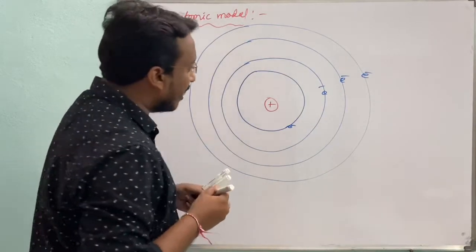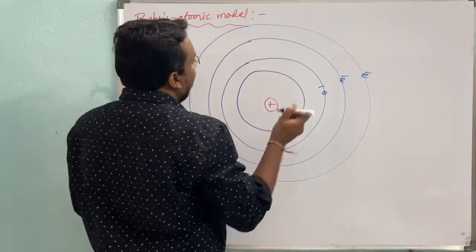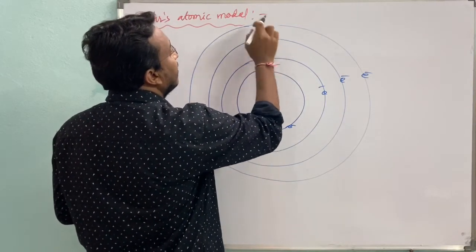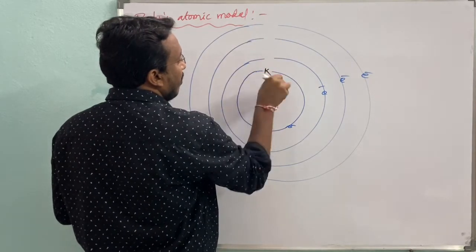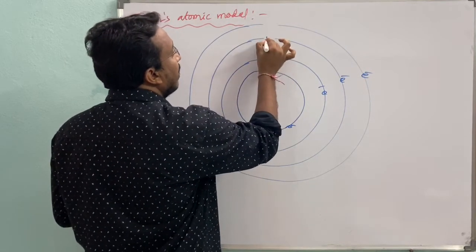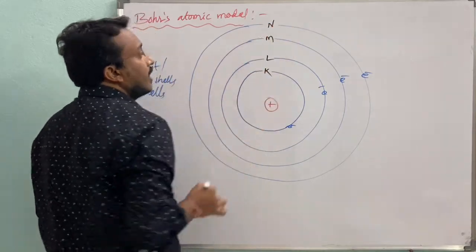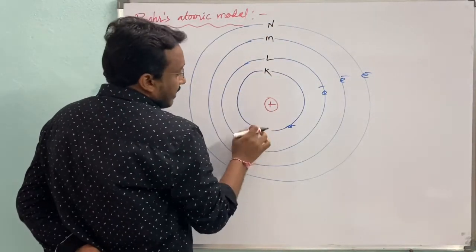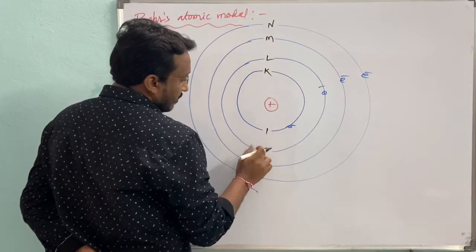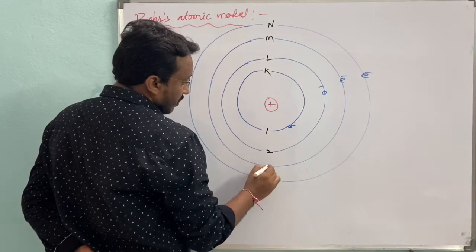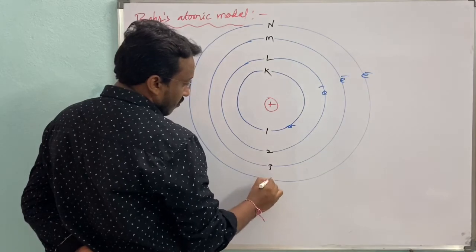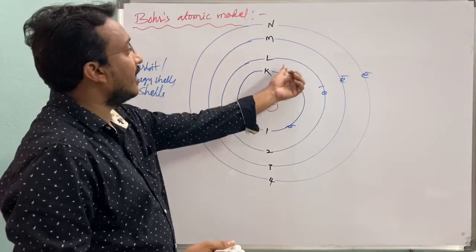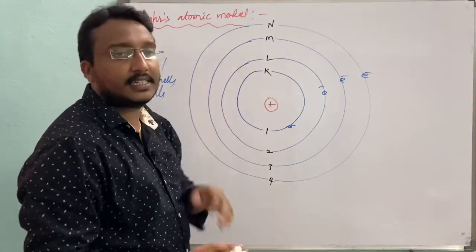And that's why Bohr has given names to the shells: K shell, L shell, M shell, N shell. He has given numbers also: 1, 2, 3, 4.